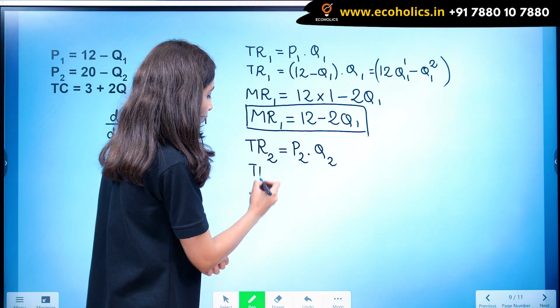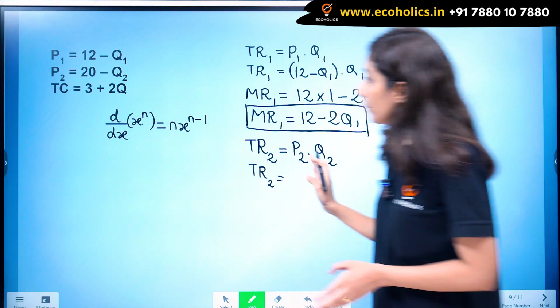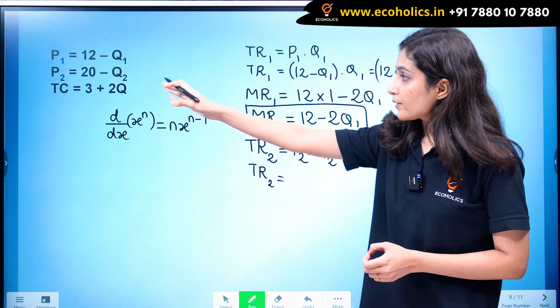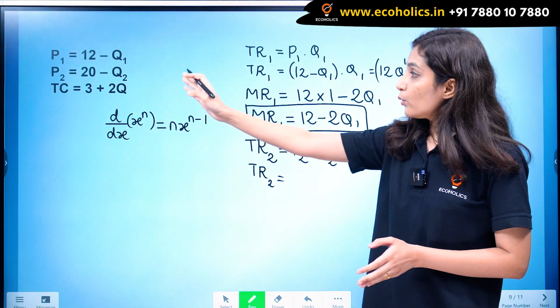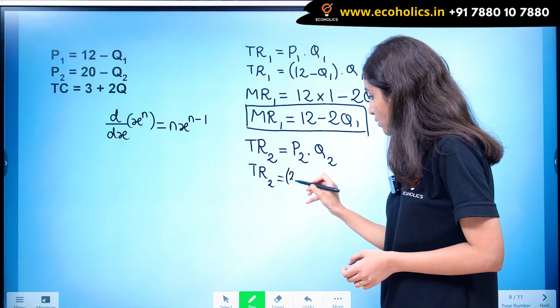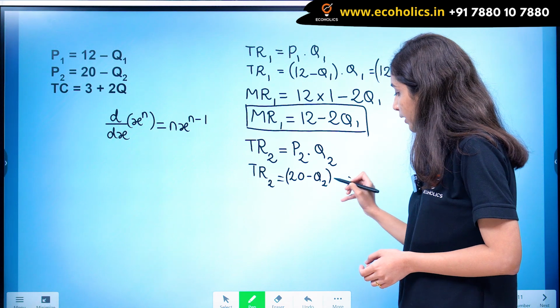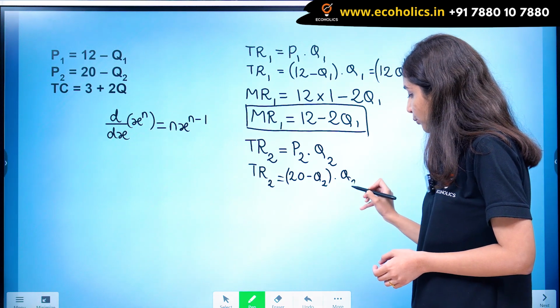The demand function is given to us, that is P2 is equal to 20 minus Q2. So 20 minus Q2 into Q2.